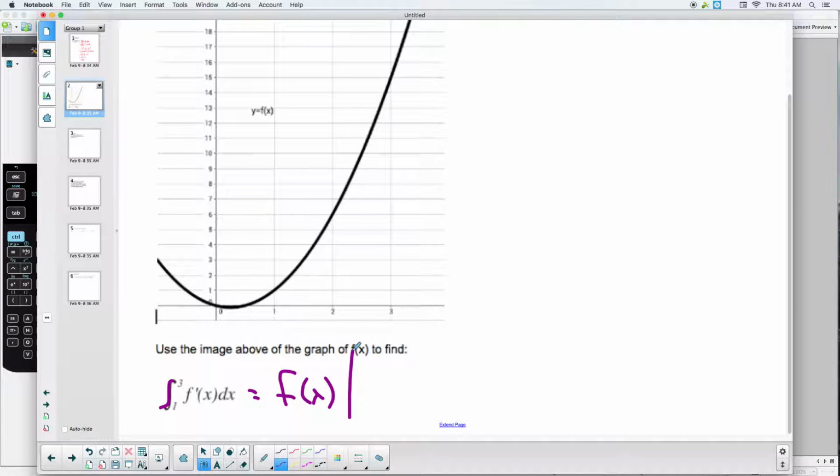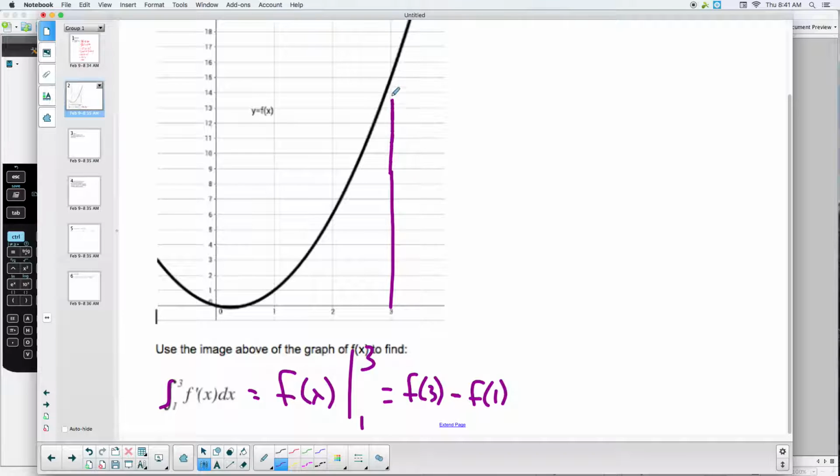And then we evaluate it from 1 to 3, which means we want f of 3 minus f of 1.